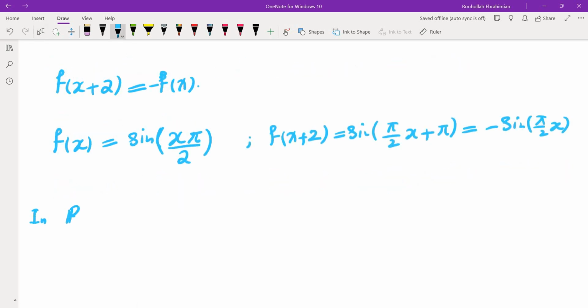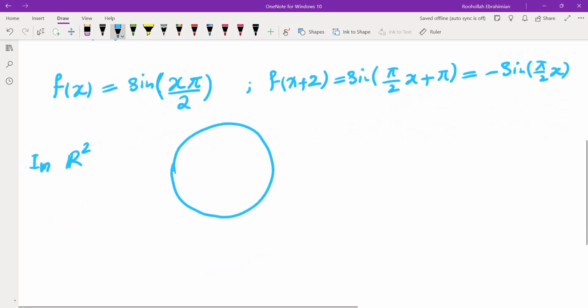In R2, we are looking for a function such that the integral over every circle is 0. So we can simply choose something similar, maybe sine of pi x. If you go from one side to the other side, and then you're coming back, those two integrals are going to negate each other.